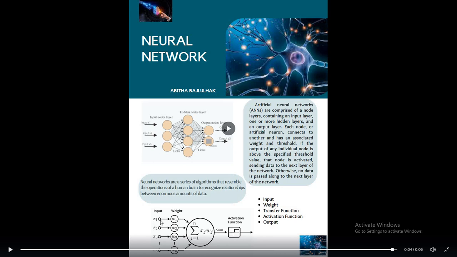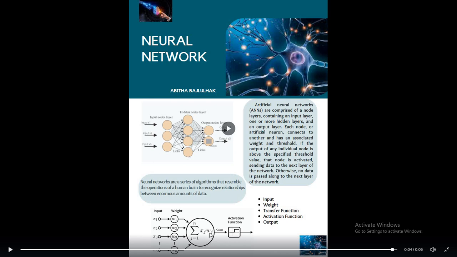In the first neuron, x1 is multiplied with w1, and this is summed with the next input, x2 into w2, summed with x3 into w3, and so on till xn into wn, and that is given in the transfer function, summation j equal to 1 to the last neuron n.